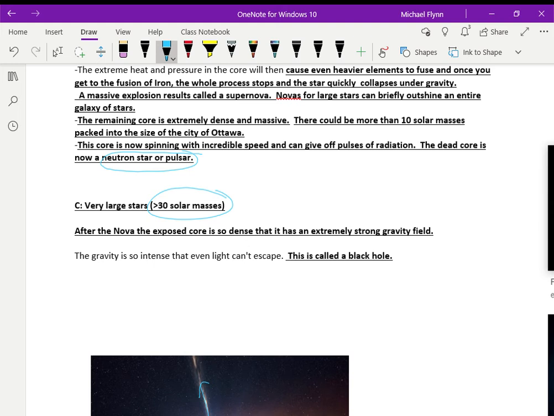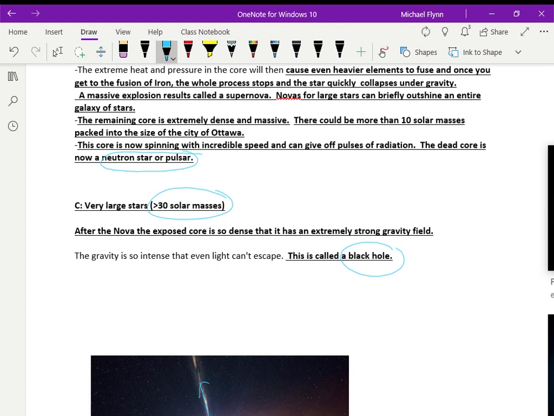The only difference this time is the exposed core is so dense, incredibly compact, with maybe 5, 6, 7, 8, 9, 10 solar masses all packed into this really small place. And the gravity is so intense that not even light can escape it, okay? And those objects are called black holes.